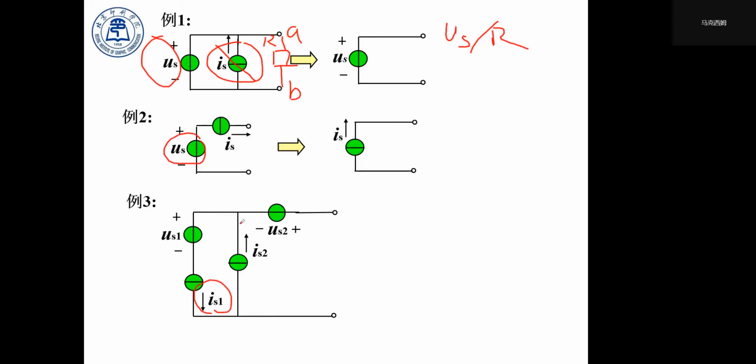And in this loop, we have to consider that between A and C, the voltage is always the same. So how could we simplify it? We have to use the methods from example 1 and example 2 to achieve that simplification.